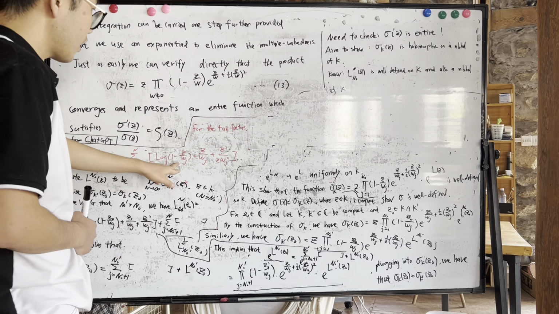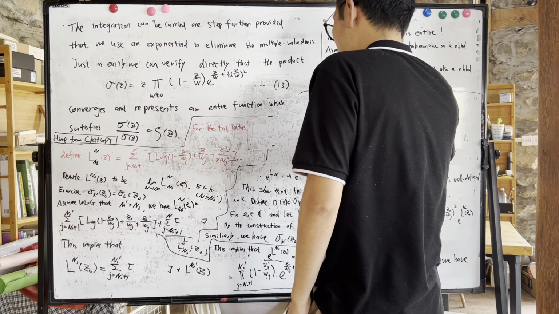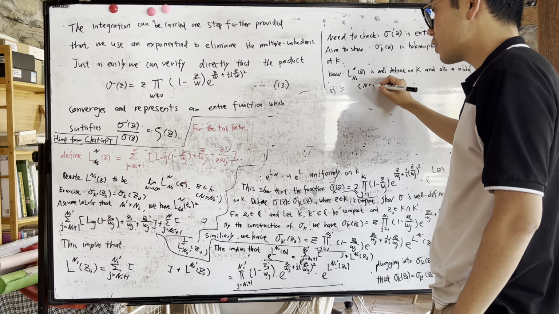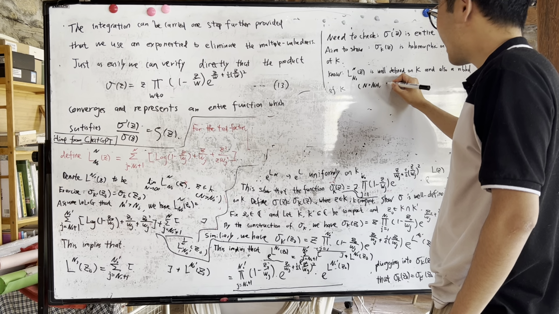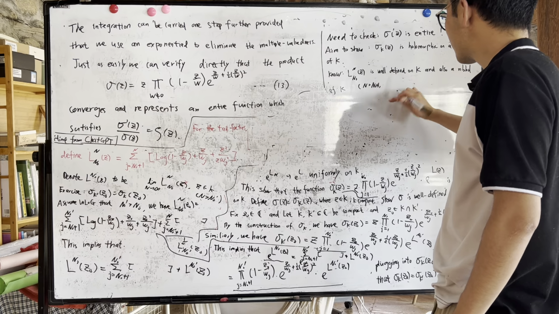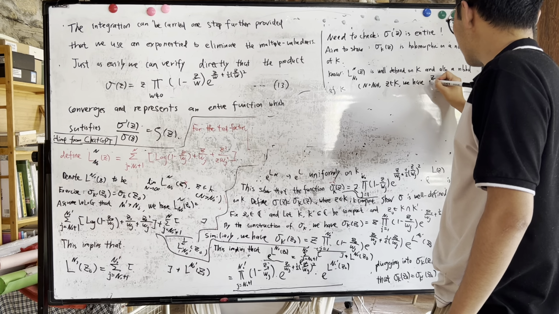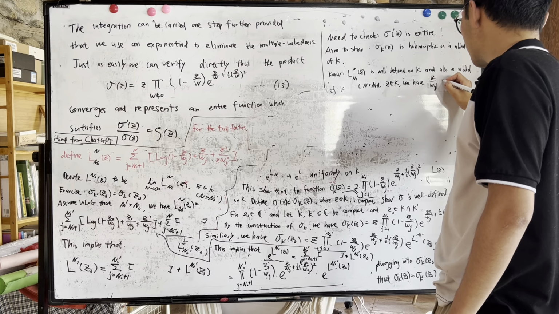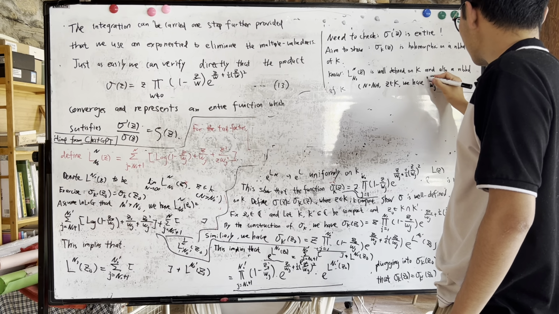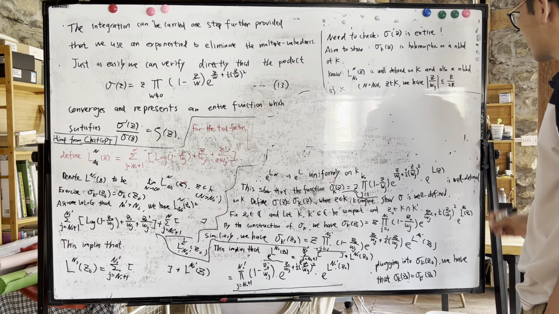So for n bigger than n naught plus 1, and z in k, we have the modulus of z over omega j is less than or equal to r over 2r, which is equal to 1/2.